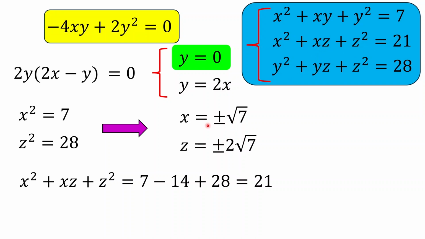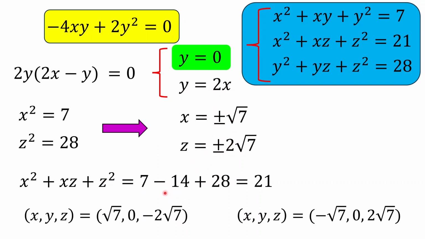That means we can either use a square root of 7 here and minus 2 square root of 7 for z, or the other way around, so that when we multiply them together, it creates a negative number. That means one of the solutions is square root of 7, 0, minus 2 square root of 7, and one of the solutions will be minus square root of 7, 0, 2 square root of 7.